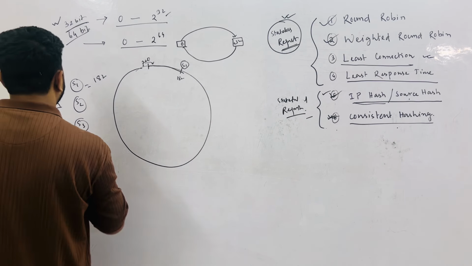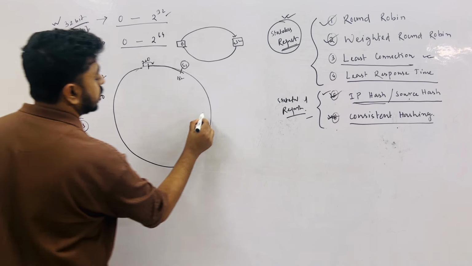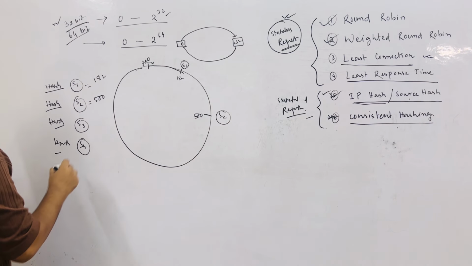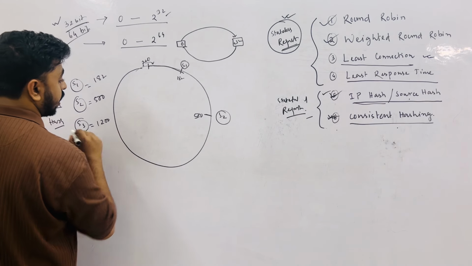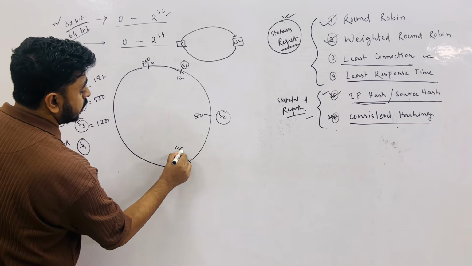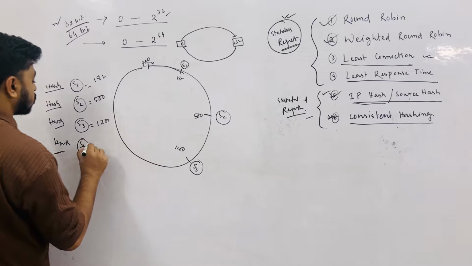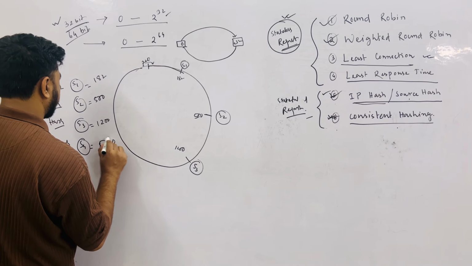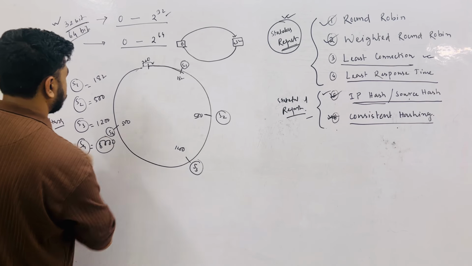The hash of S2, I am considering 500, and 500 is here. So, S2 is here. Hash of S3, I am considering it is 1200, and 1200 is here. So, S3 will be here. I am considering hash of S4 is suppose 5000. So, 5000 is here, and S4 is going to be here.